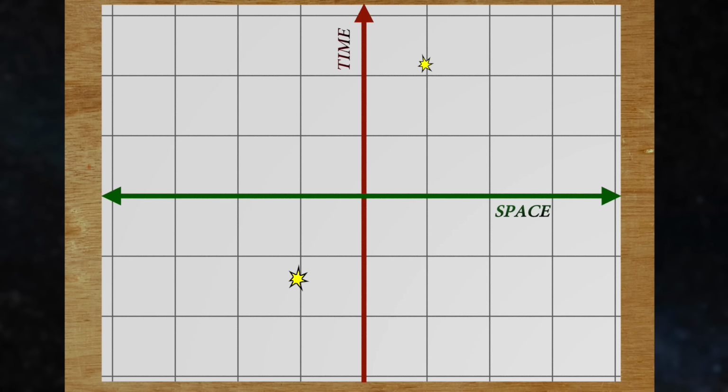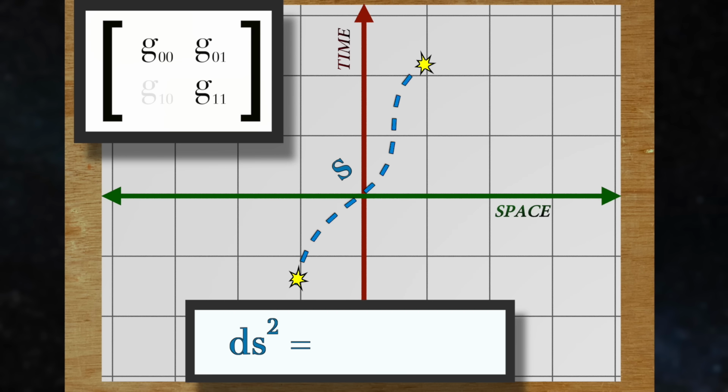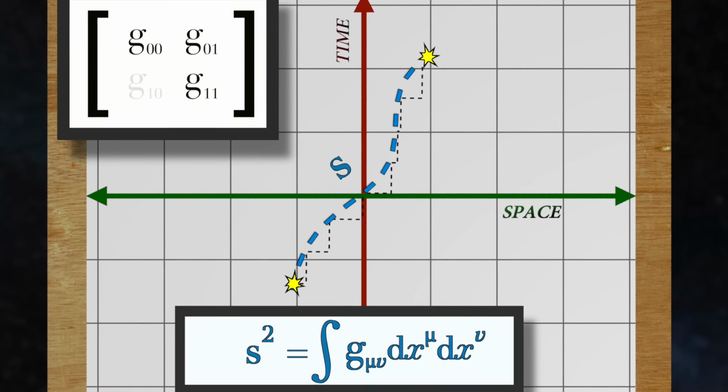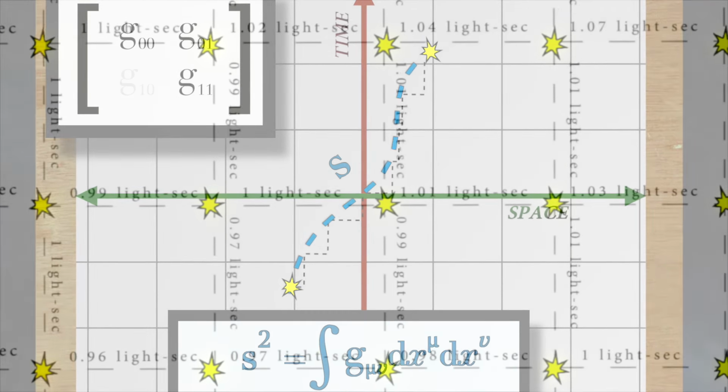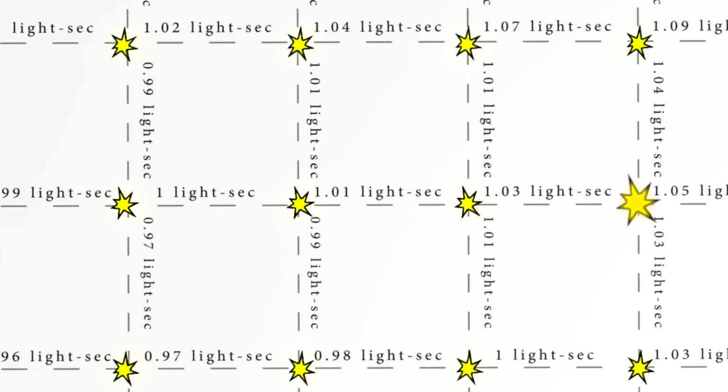Given any two world events on a map, the coordinate path between them, and the metric for that map, the spacetime distance is easily calculated using the metric, plus some calculus. But that's only the beginning of the metric's real power, because analyzing how the metric changes from point to point on our map can tell us about the fundamental nature of our surface.